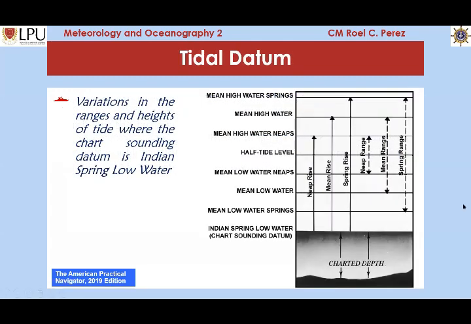Okay, so here is a diagram of different tidal datums. So this is the Indian Spring low water chart sounding datum. The only problem with this datum, sometimes the water is below the datum.